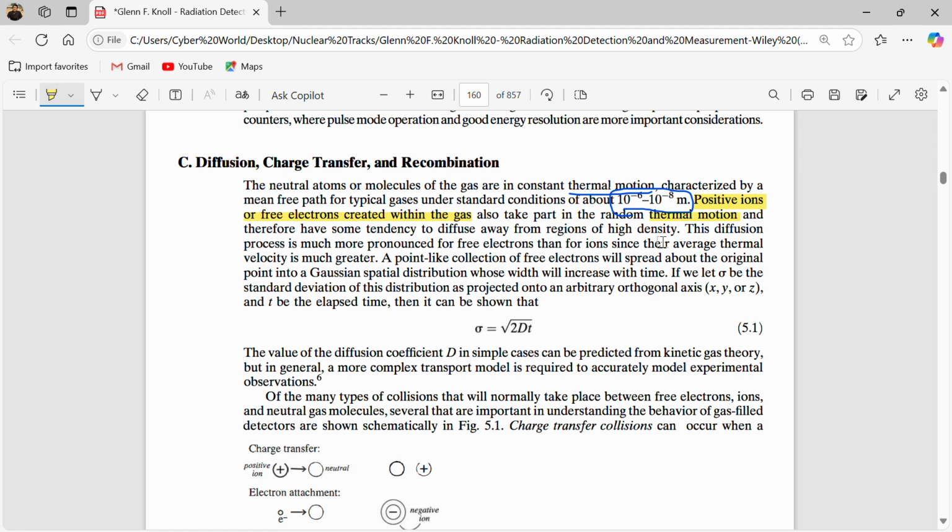This diffusion process is much more pronounced for free electrons than for ions, since their average thermal velocity is much greater.